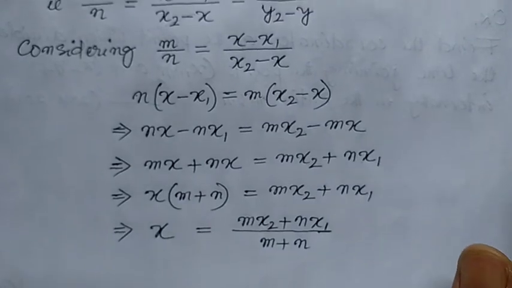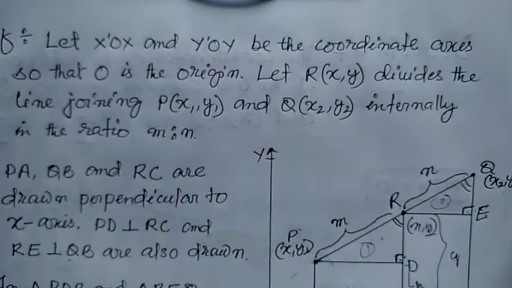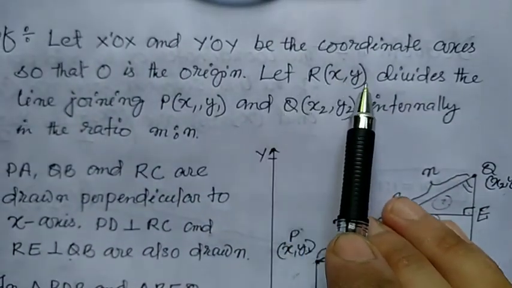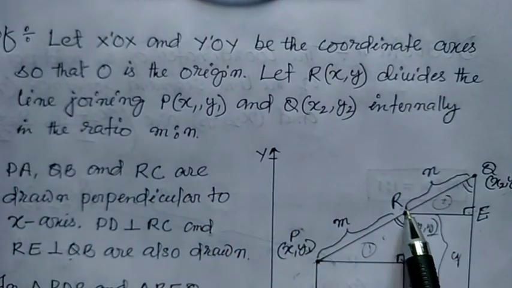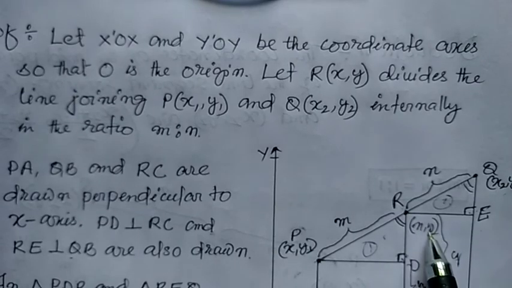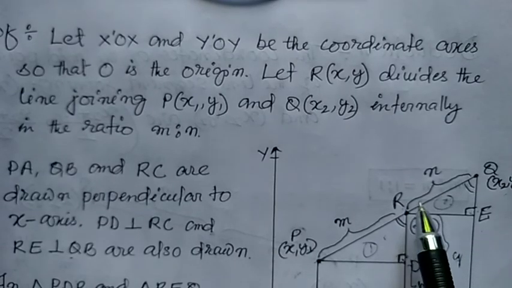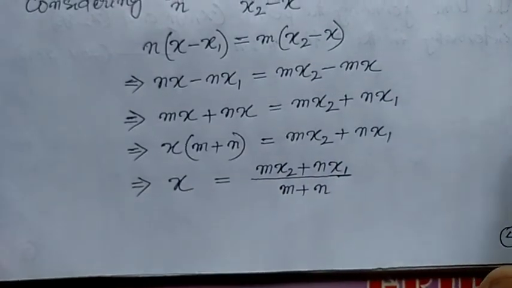Again, now let's go back to the beginning. What is actually x? You can see here we have written, let R(x, y) divide the line joining. That means x is the coordinate, abscissa of point R, and we have to find y, which is the ordinate of point R. Now we get x, which is mx2 plus nx1 divided by m plus n.